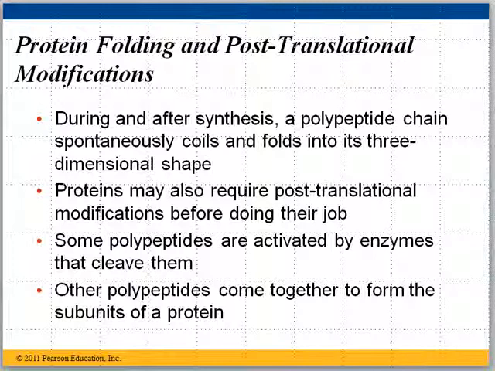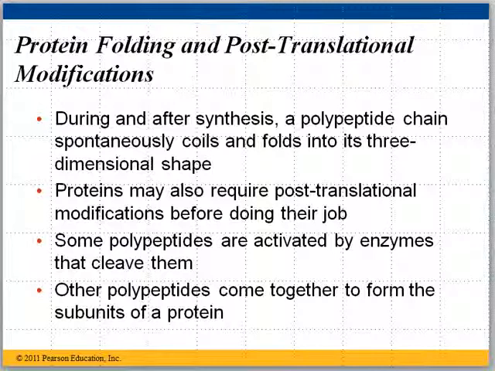Earlier in the semester, we talked a lot about how proteins are very complex molecules. They have complex 3D shapes, so we know that after the polypeptide chain is made, even if it's a protein made of a single chain, there's going to be some coiling and folding that happens between the various bonds between the amino acids. So it's going to take on a shape that probably doesn't look anything like a long linear chain.